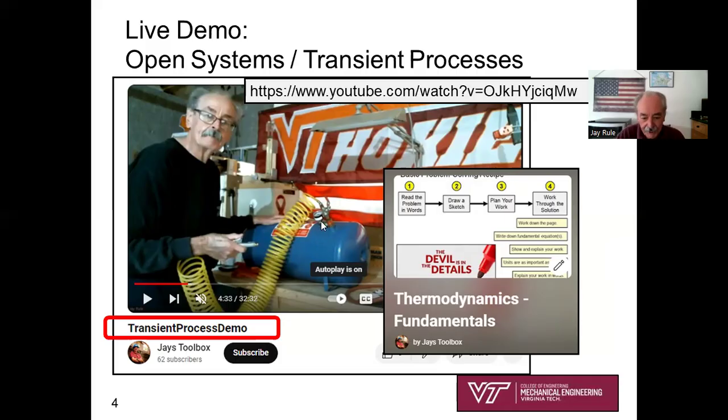I've got a little pressure gauge on my tank, and I believe I write down the pressure as time goes by to demonstrate it is not steady state, steady flow, it's an open system, and things like that. So if you're interested in looking at a physical demonstration of a transient process, go to my Thermodynamics Fundamentals playlist and find Transient Process Demo.